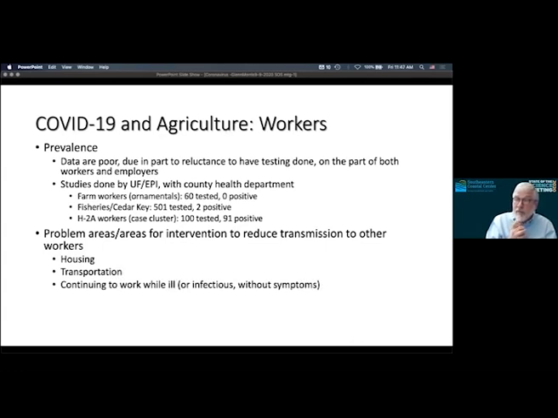Transportation: if you have 50 people crowded onto a school bus going out to a field, there is a reasonable likelihood that there will be transmission. And if you've got people who are sick, or infected and not sick, and who are continuing to work in close quarters with individuals who are not yet infected, there is a high likelihood that you are going to have transmission. Next slide.